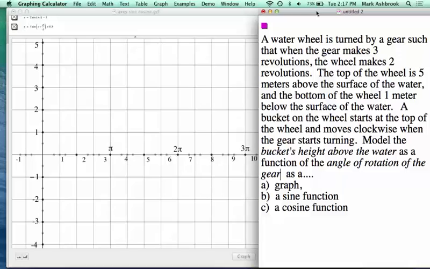This angle, but we're doing the function. It's a function of the gear. Remember, we're doing the bucket height as a function of the gear angle measure.